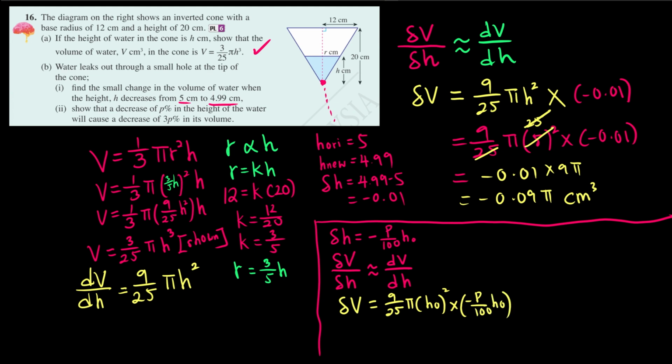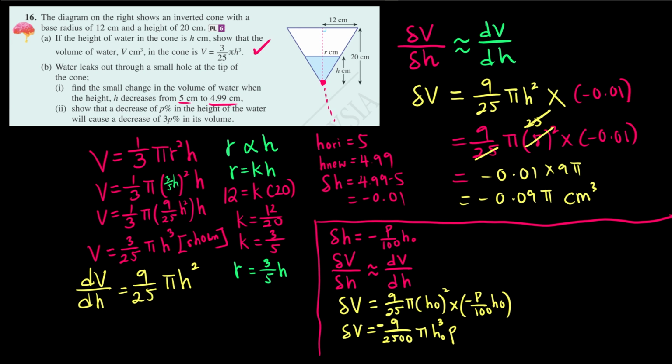So now we can simplify. Delta V is going to be, we settle the number first, 25 times 100, so 9 over 2500. Pi is alone. H times H squared is going to have H cubed, h original cubed. And p, but don't forget it's negative, so we put a negative in front. So we define our delta V.